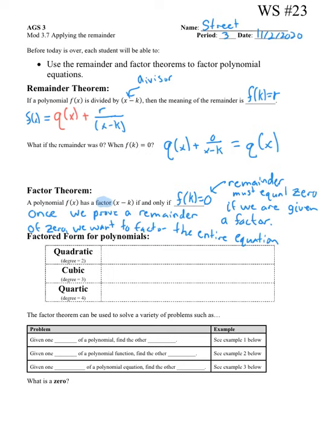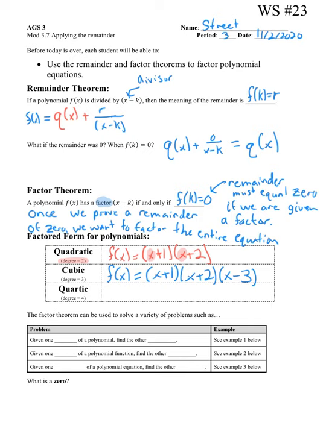So what I mean by that is we say f of x equals, we'll say, x plus 1 times x plus 2. That's what factored form of a quadratic function looks like, degree 2. And we know it's a degree 2 because there are two x's in it when it's in factored form, x plus 1 and x plus 2. A cubic function, f of x equals, I'm just making these numbers up by the way, x plus 1 times x plus 2 times x minus 3, something weird like that.